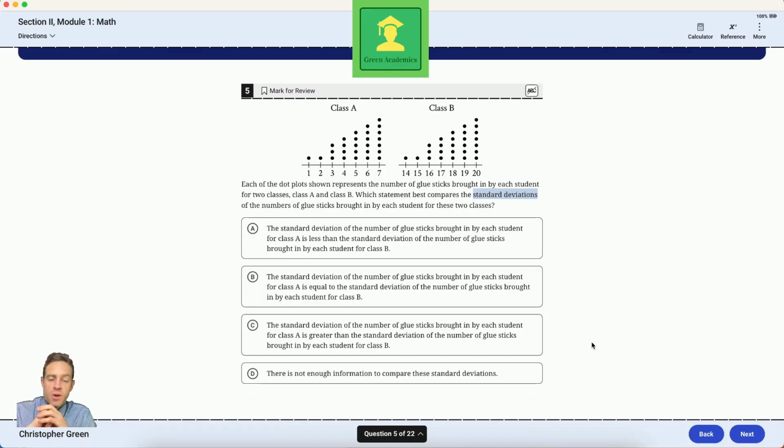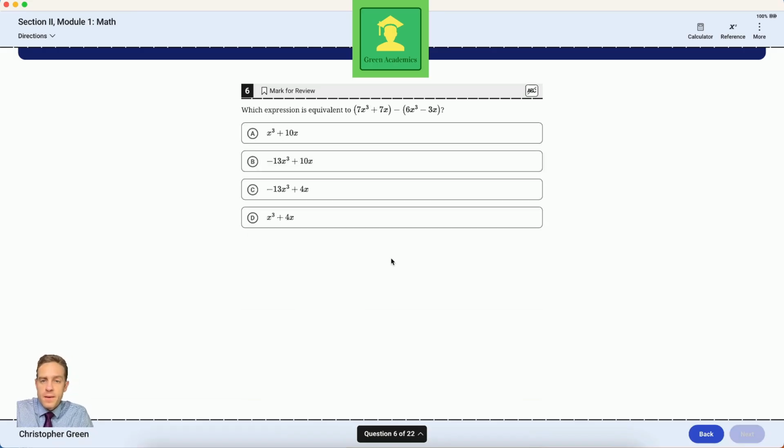If you look at these 2 charts, all they've done is take the same data and slide it up by 13 units. So if everything increases by the same amount, the standard deviation, the degree to which it's spread out in and among itself, is the same, which is equal to, standard deviations are equal.